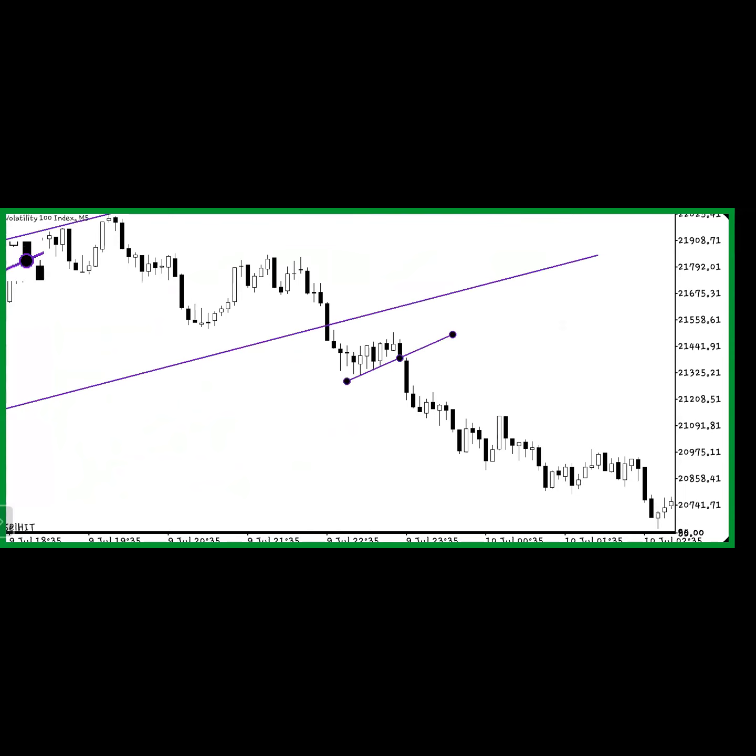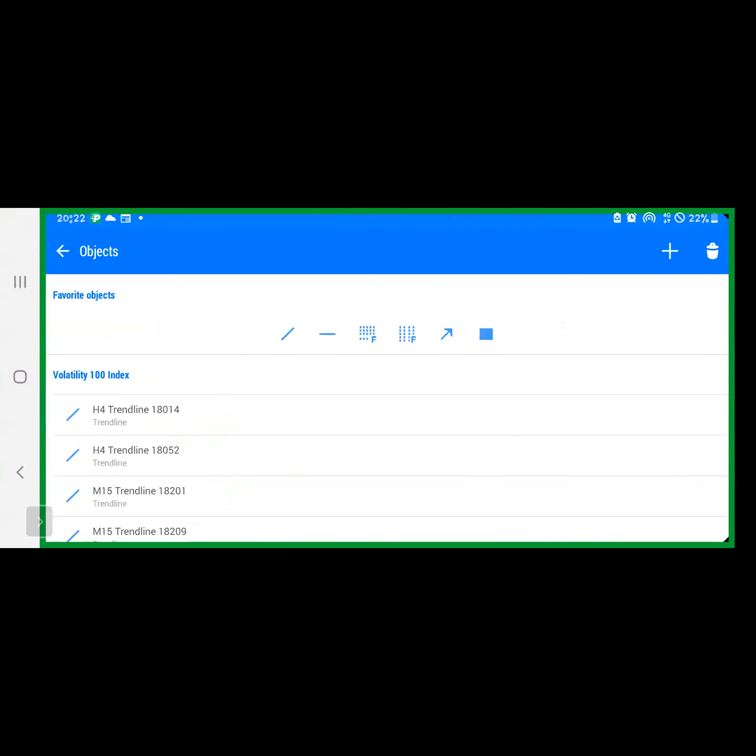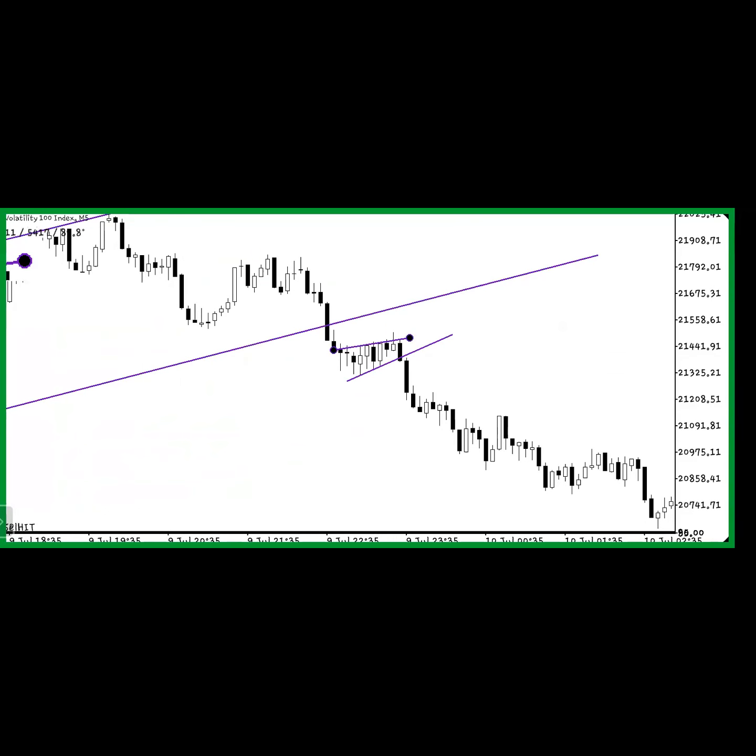But unfortunately, the 1 minute time frame can't take us back to this setup. Otherwise, you would see that it has a retest on this small channel, which is the one we're going to use as our entry point.